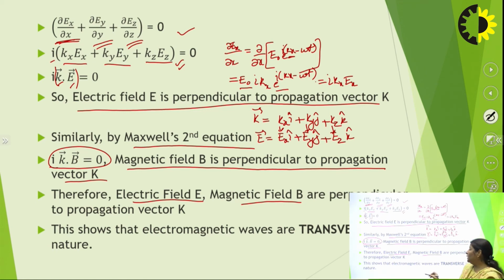So the electromagnetic waves have a transverse nature, because the vibrations are perpendicular to the direction of propagation. So this is how, with the help of Maxwell's equations, we can verify whether what we discussed in the very beginning is correct or not.